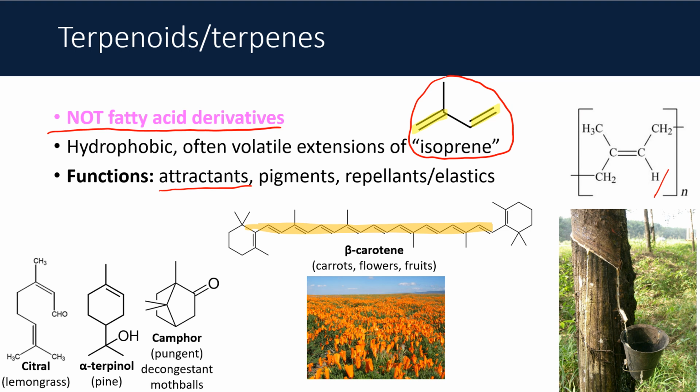And that will ultimately give you pigment compounds. We all know that beta carotene gives carrots their orange color, but it also makes the petals of the poppy plant colored, and it will color many other fruits.